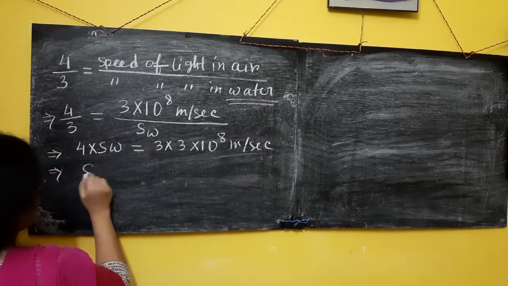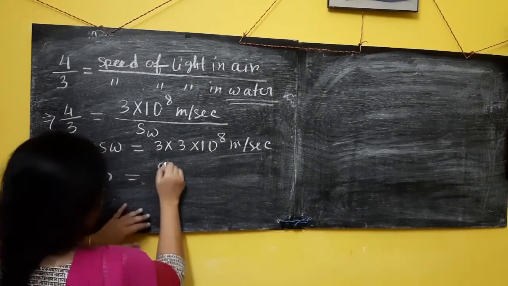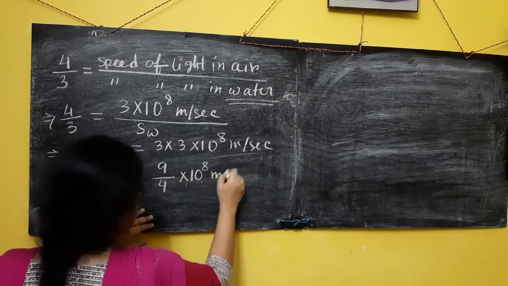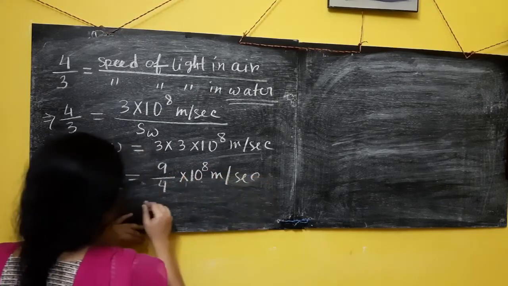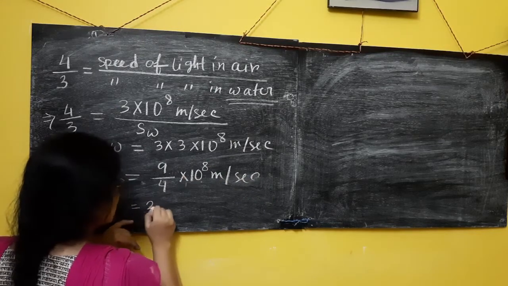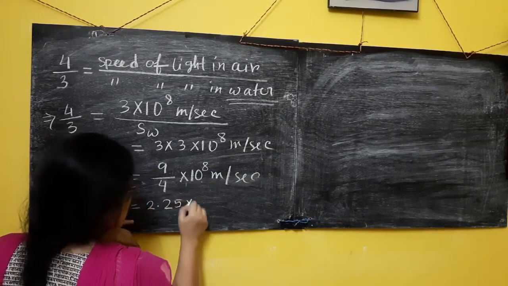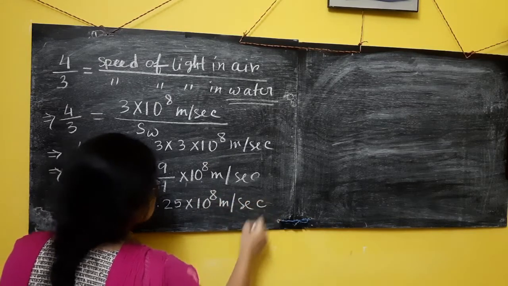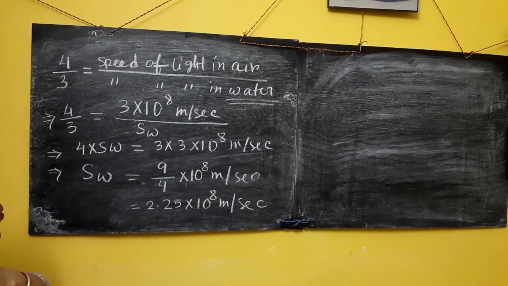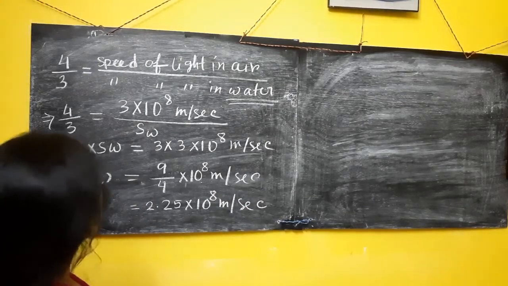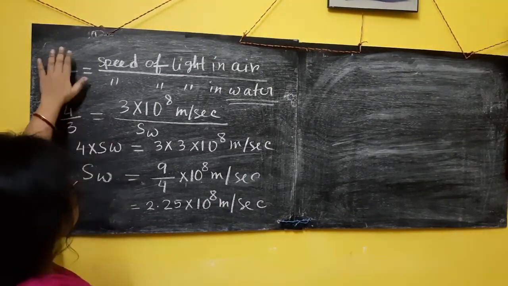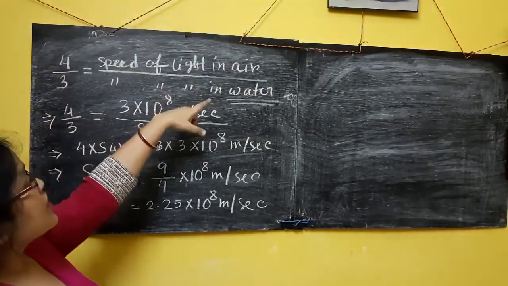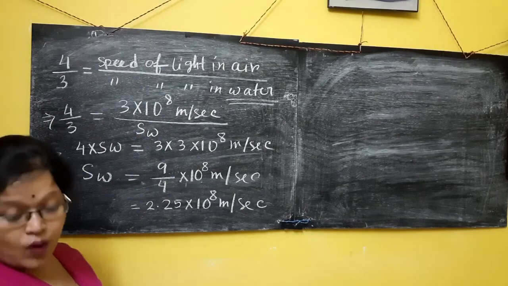So SW equal to 9 by 4 into 10 to the power 8 meter per second. 9 by 4 means 2.25, so 2.25 into 10 to the power 8 meter per second. So this will be the speed of light in water. So the formula I have used here is: refractive index of a medium is equal to the speed of light in air divided by the speed of light in the medium.